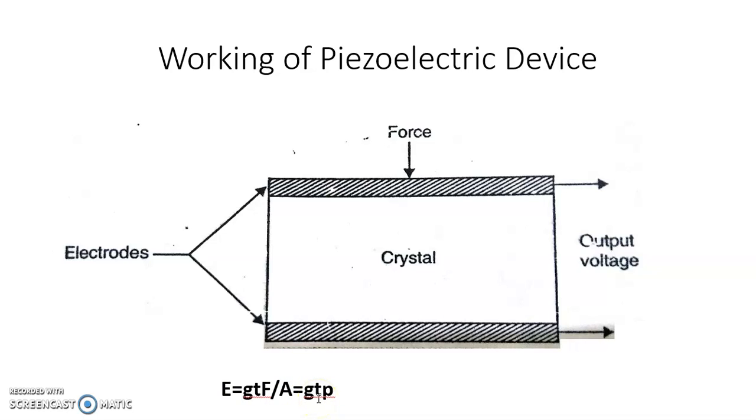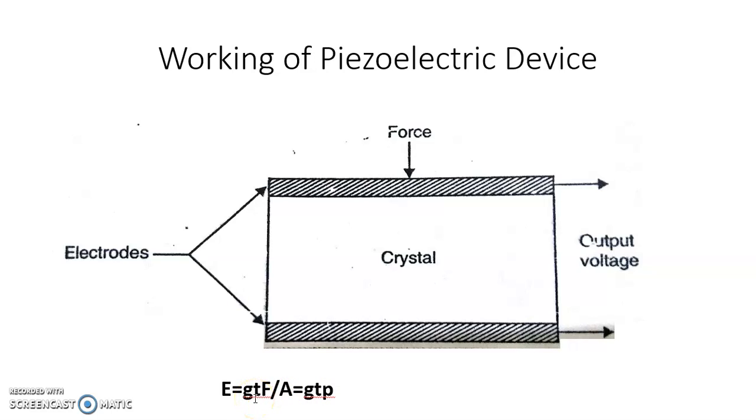E = G T P. Here, G is the voltage sensitivity, which is constant, T is the thickness of the crystal, F is force, A is the area of the crystal, and P is pressure.